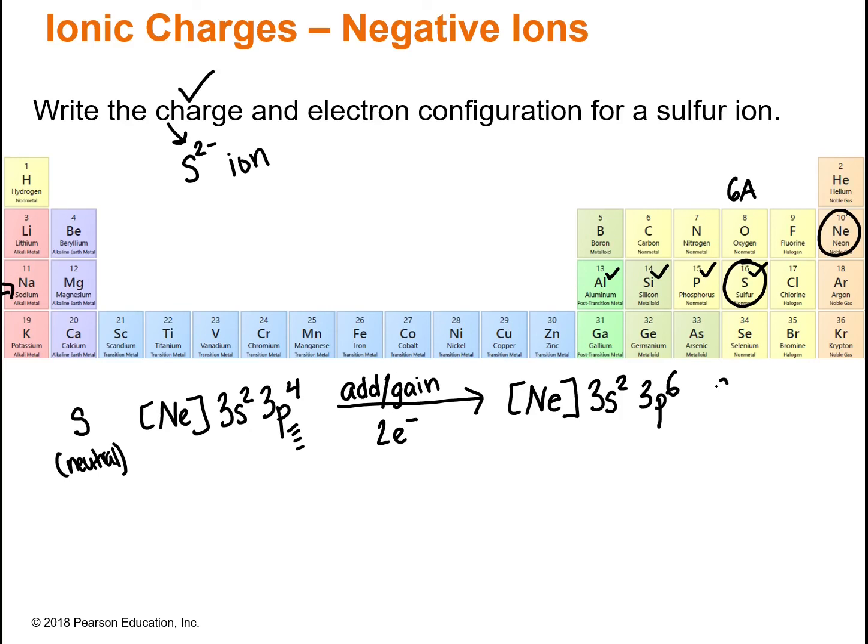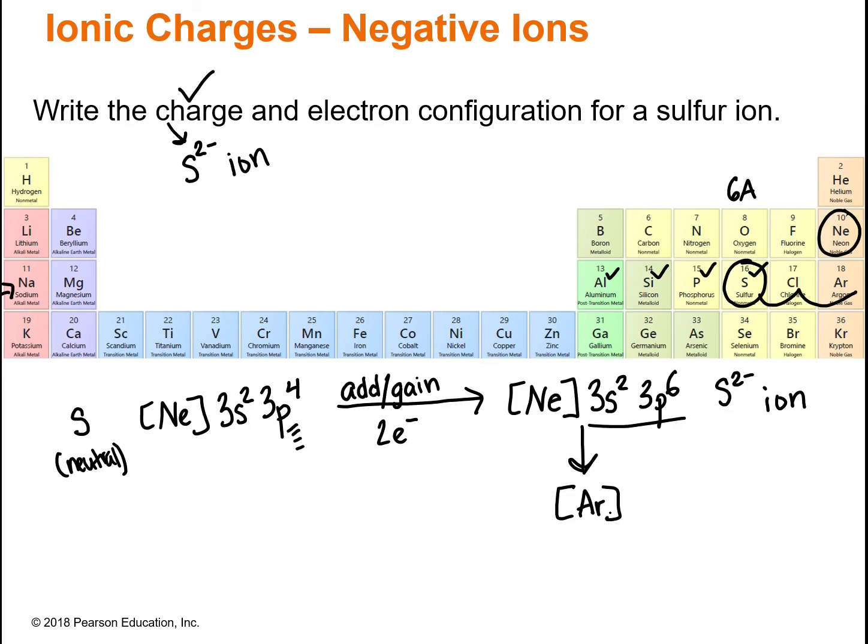So this is the ion, where we've got 2 extra electrons. In terms of noble gas configuration, this is a complete octet. There's 8 electrons here. So if we were to rewrite this in proper noble gas configuration, we'd be adding 2 electrons, which means that we're going 2 places to the right.